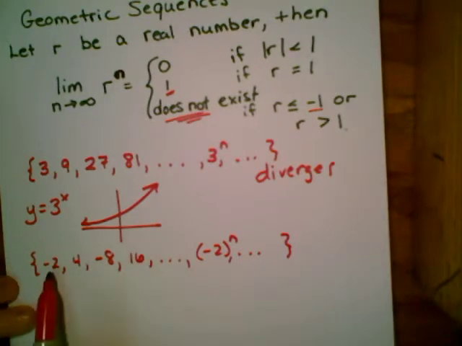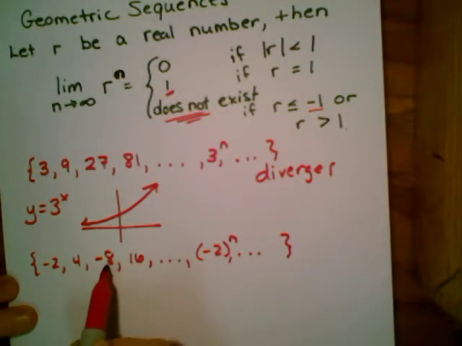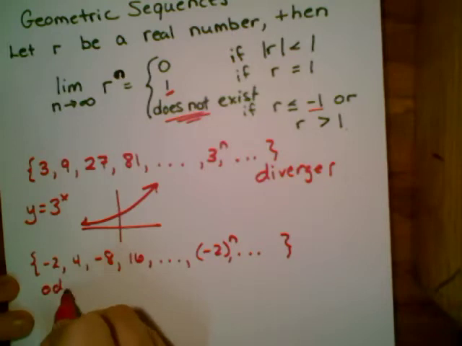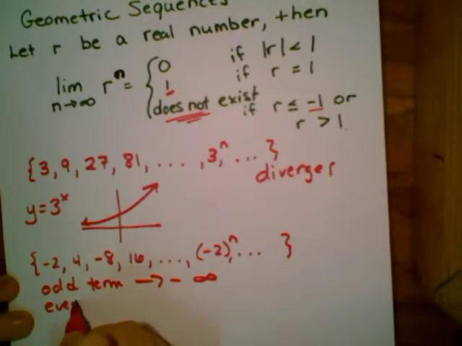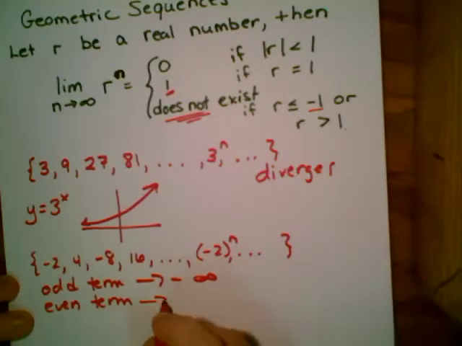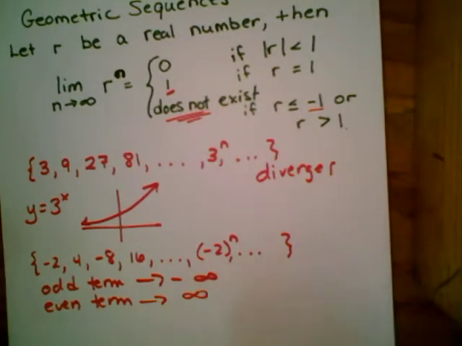And the magnitudes of these terms are growing without bound. The odd terms are going off to negative infinity. The even terms, as a subsequence, are going off to infinity. So the magnitudes are growing without bound, even though there are these oscillations.